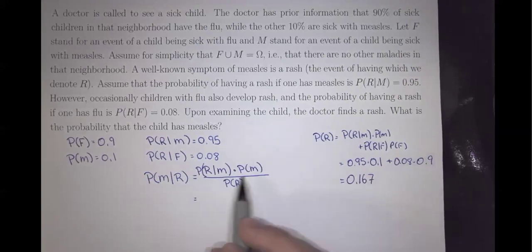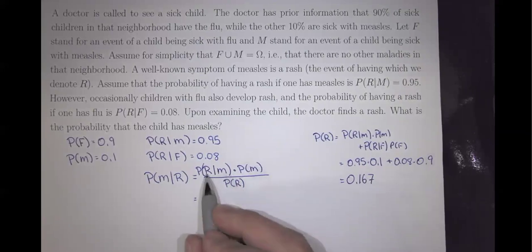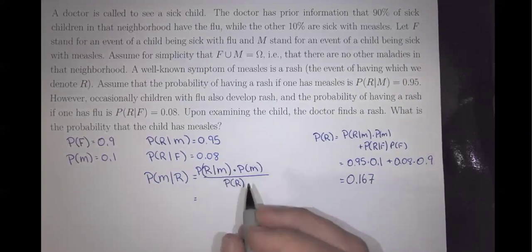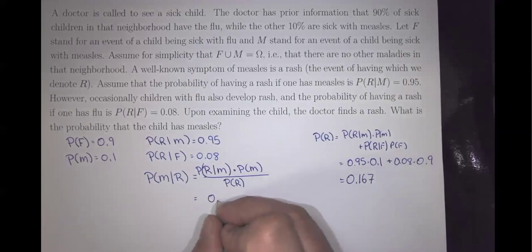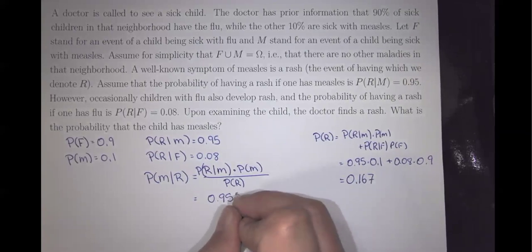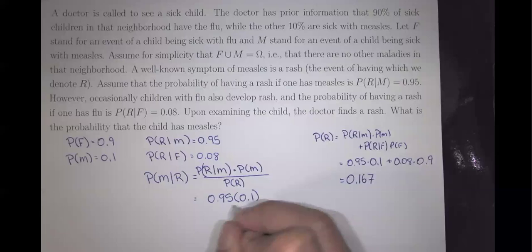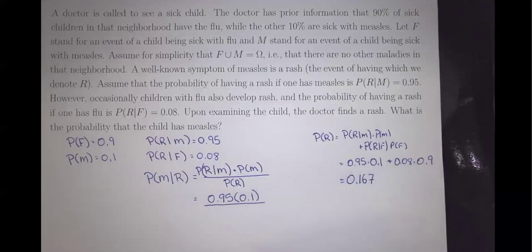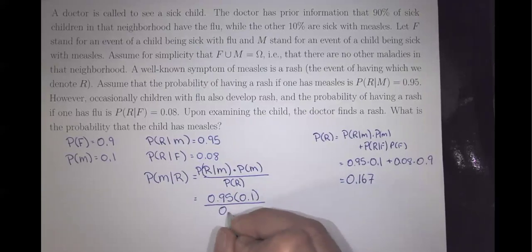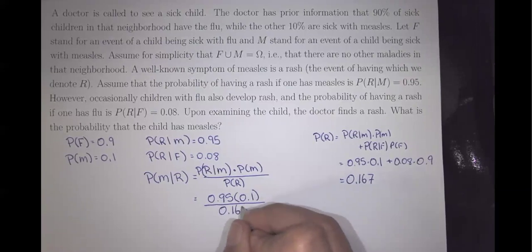Okay, so going back to our problem here, the probability of rash given measles is 0.95 times the probability of measles, 0.1, divided by probability of rash, 0.167.